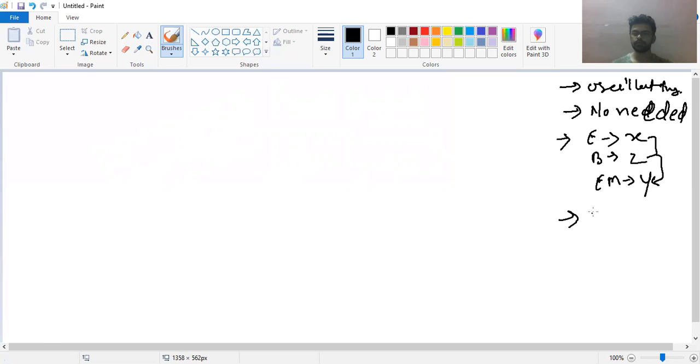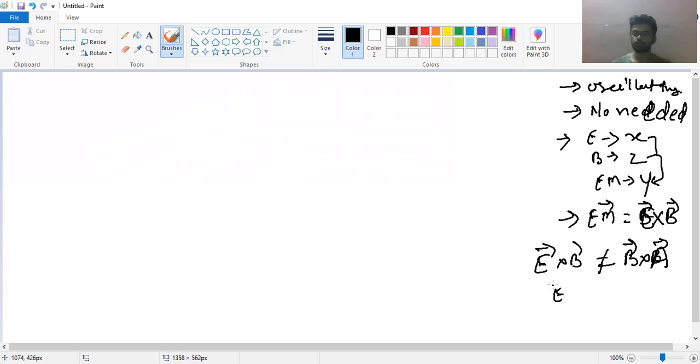So in actual, the direction of the electromagnetic wave will be along the direction of E cross B. It's not B cross E. Always remember, the vector product E cross B will never equal B cross E, but it's true for the dot product: E dot B is equal to B dot E. E cross B will be upward and B cross E will be downward. The direction will be completely different.